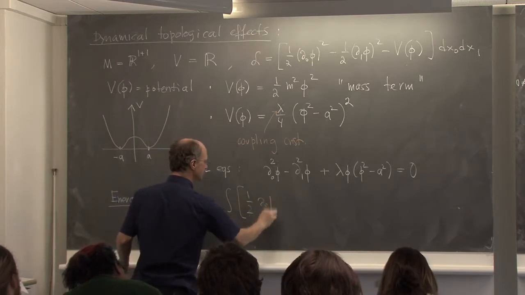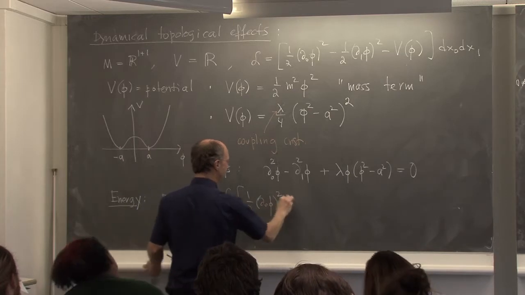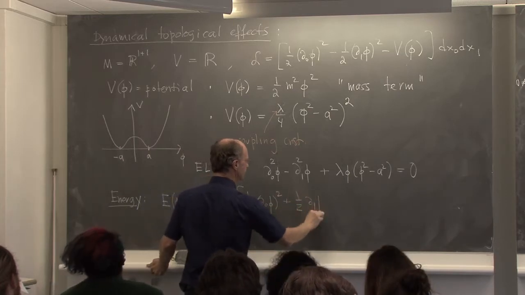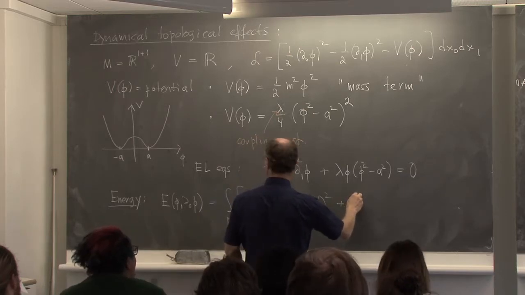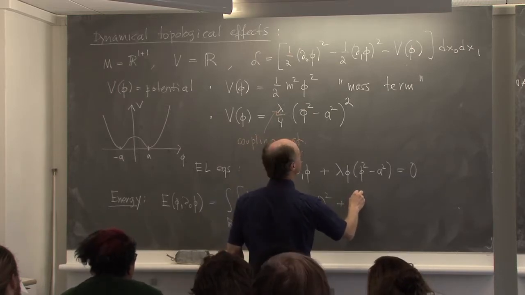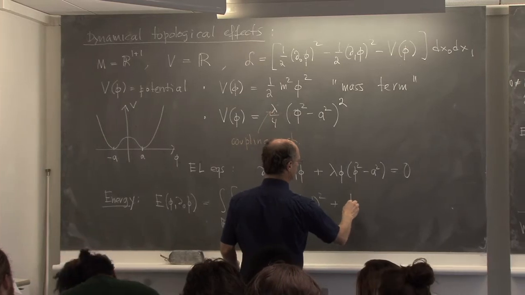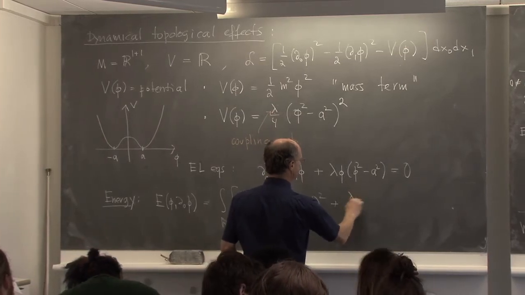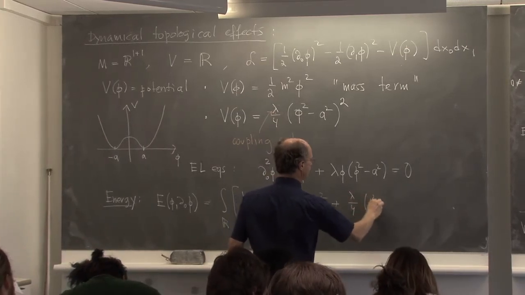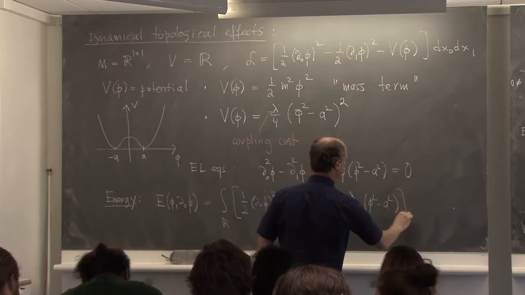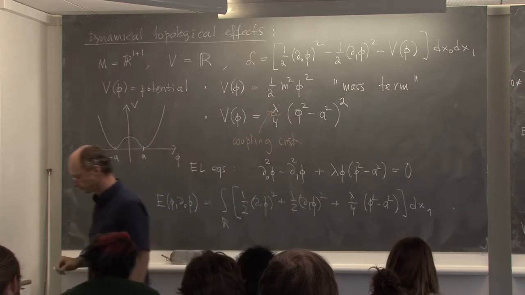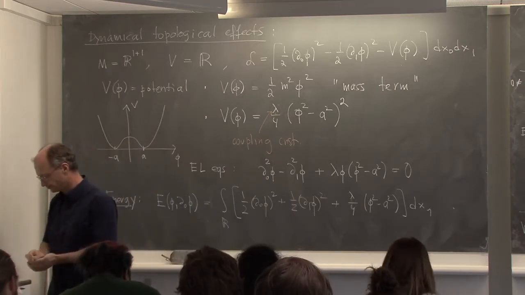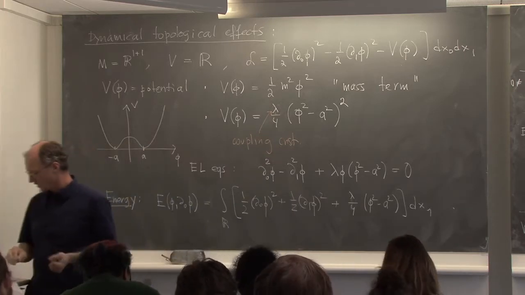1/2 d naught phi squared plus 1/2 d1 phi squared plus, what? Lambda over 4 (phi squared minus a squared) squared, dx1, hopefully. Right.